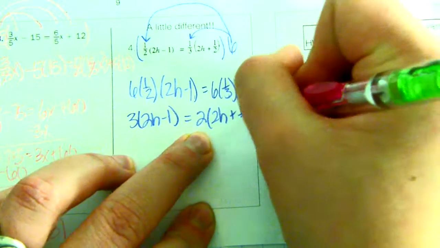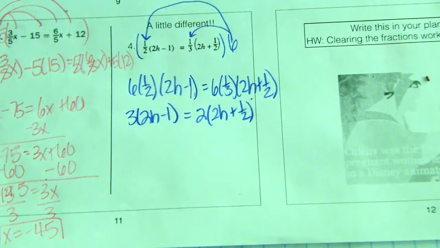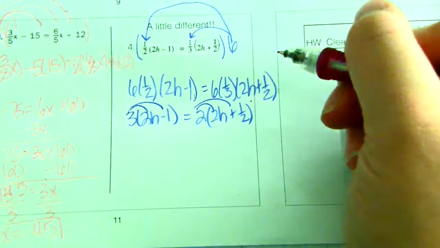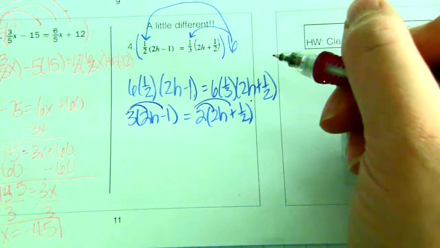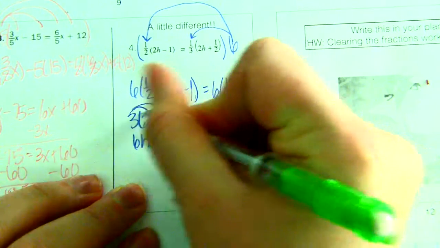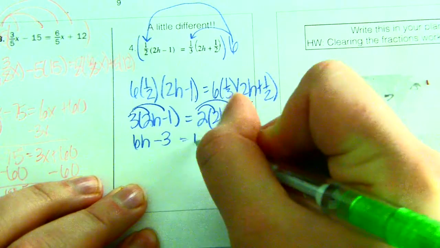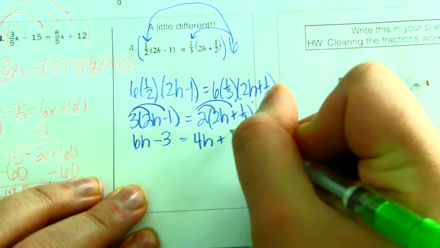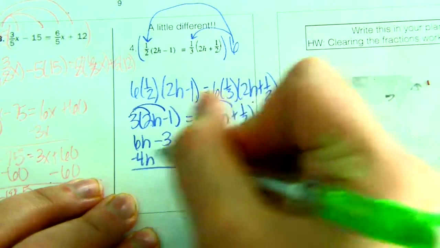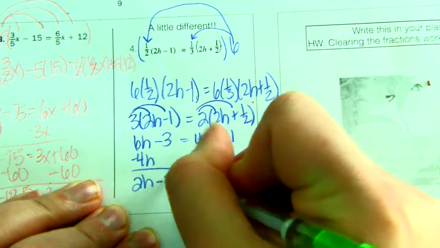Now we're actually getting a little ahead of ourselves because the next lesson is where we bring back the distributive property, but we'll bring it back here too. So distribute means we distribute to both or multiply by both numbers inside. So 3 times 2 is 6h minus 3 equals 2 times 2 is 4h. Half of 2 is 1. So I'm going to subtract my 4h's to get all the h's on the left since there were more there.